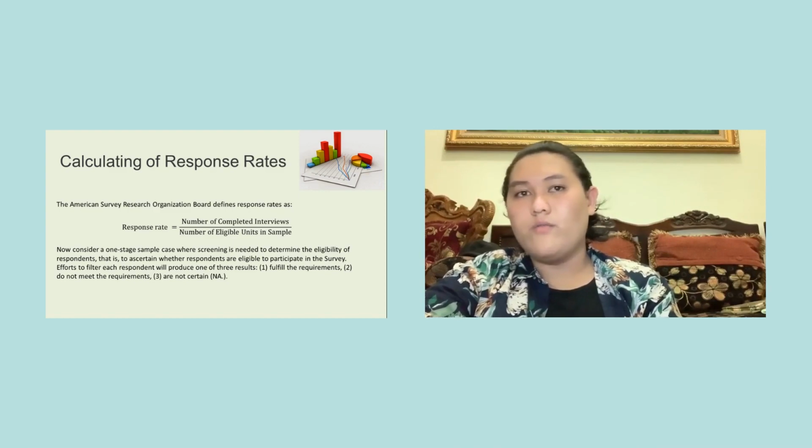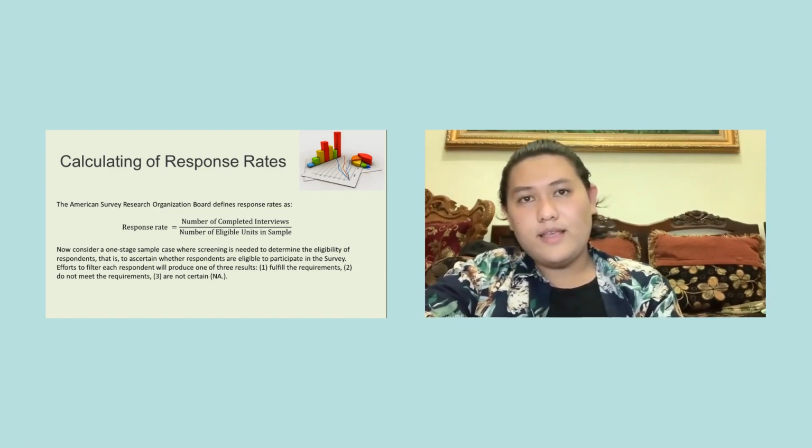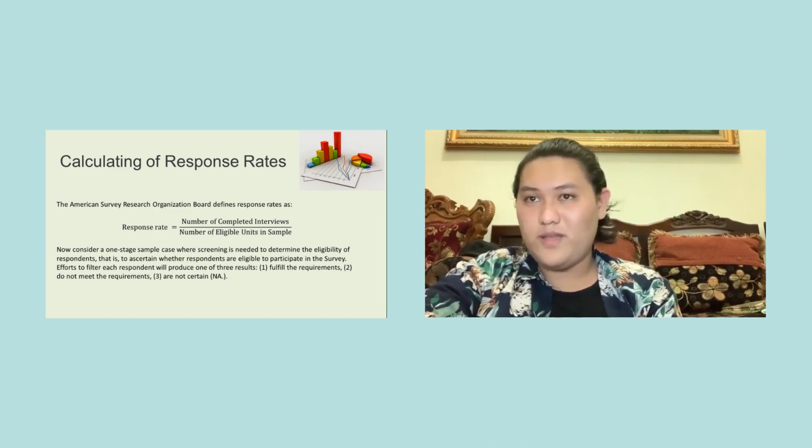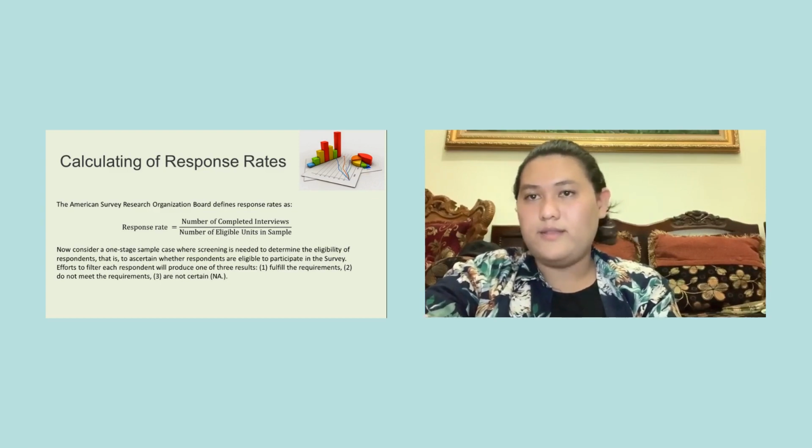Now, consider a one-stage sample case where screening is needed to determine the eligibility of respondents, that is, to ascertain whether respondents are eligible to participate in the survey. Efforts to screen each respondent will produce one of three results. The first is fulfills the requirements. The second is does not meet the requirements. The third is not determined.